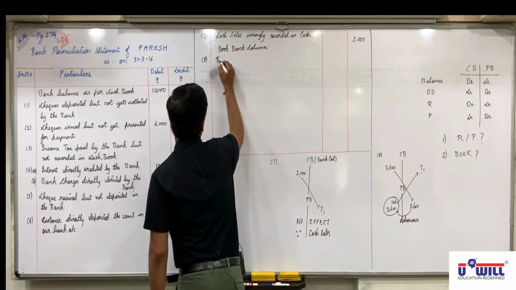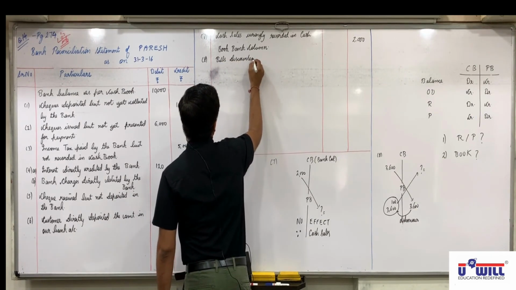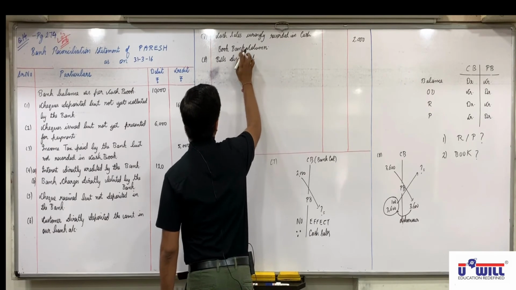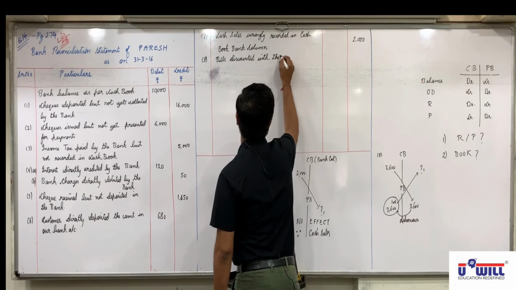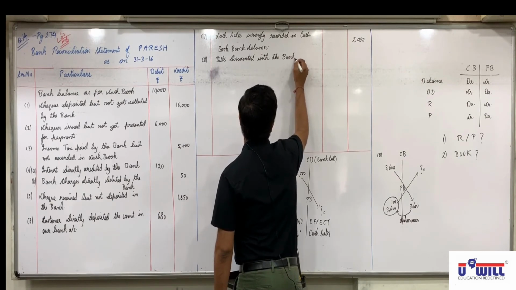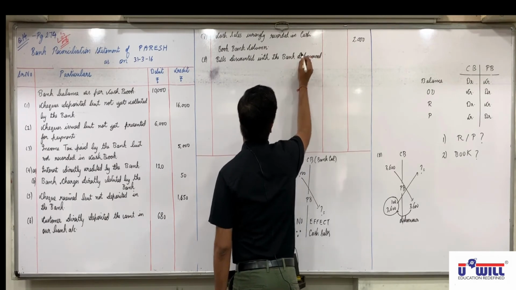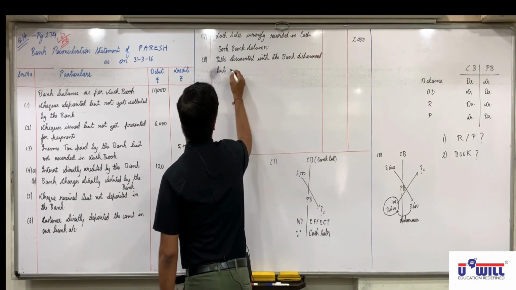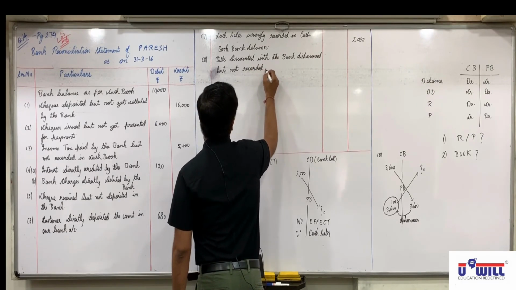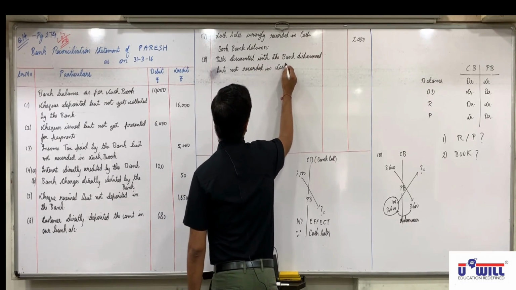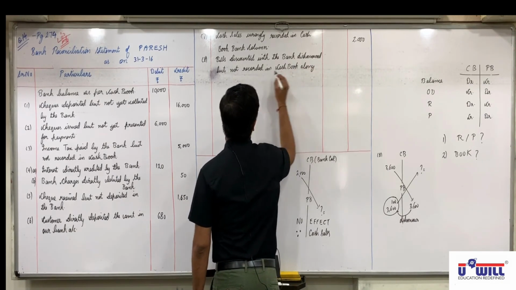Reason will be bills discounted with the bank, dishonored, but not recorded in cash book, along with noting charges.